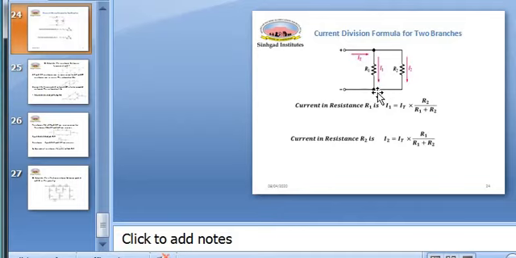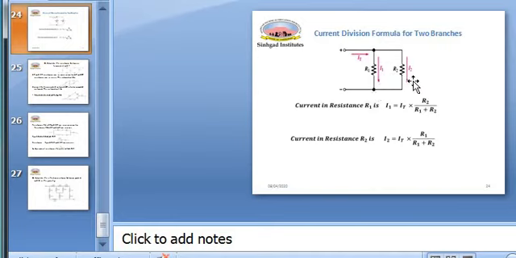Such connection will be a parallel connection. Say IT, total current, is supplied to this combination. Say I1 current is flowing through R1, I2 current is flowing through R2. We need to find out the current flowing through I1 and the current flowing through I2.